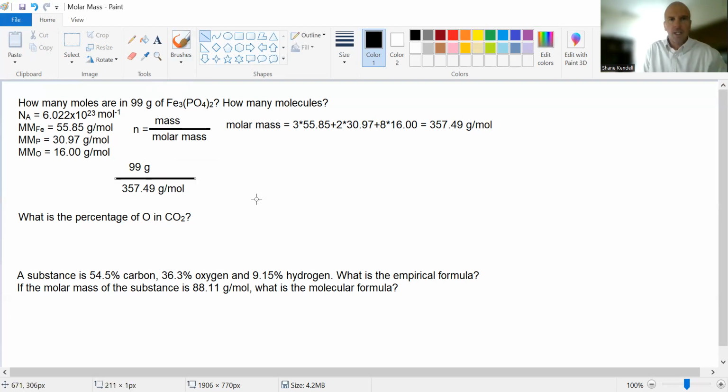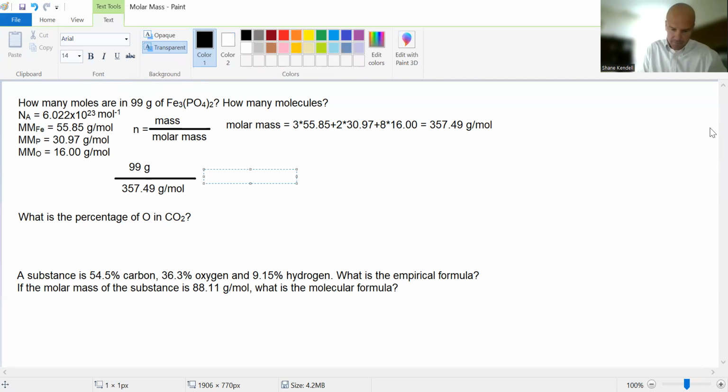Okay, so this will be the division here. And then, according to the calculator, we would have 0.2769. Okay. Now the units.